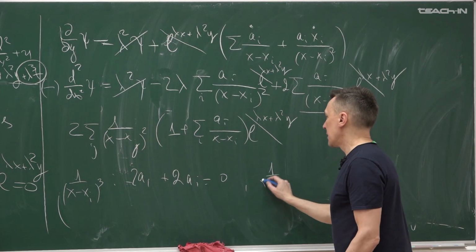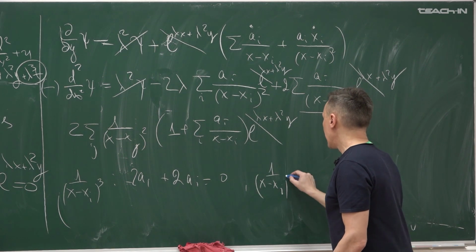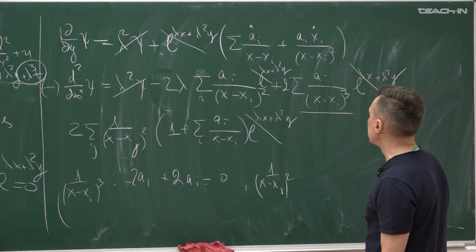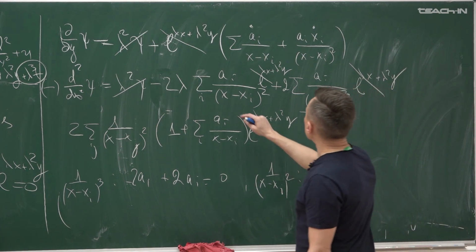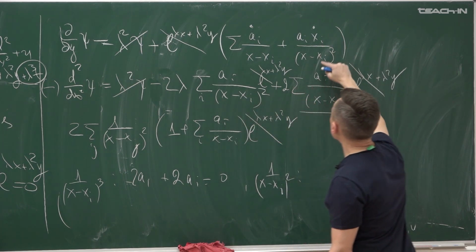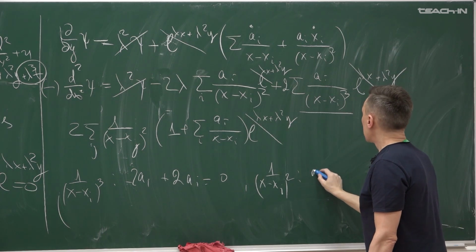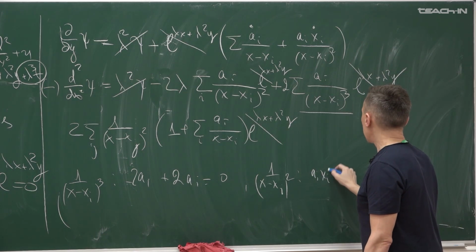Then a coefficient at the pole of order 2. What we have is a pole of order 2 here, which is ai x I dot.